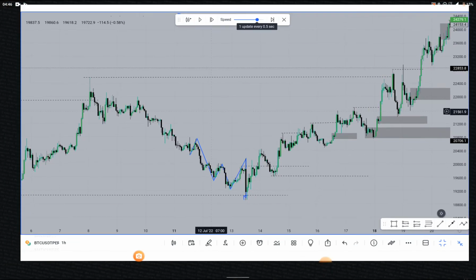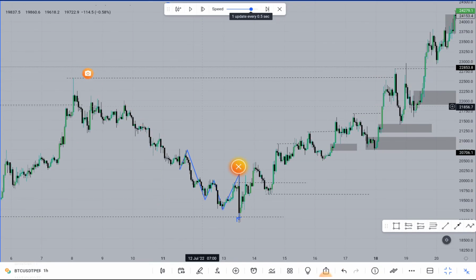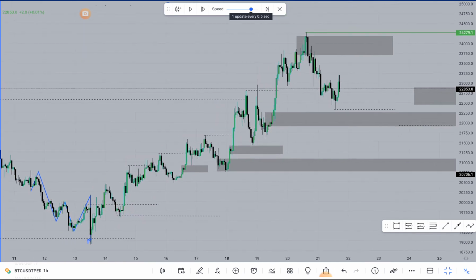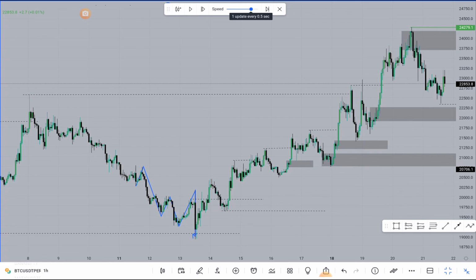The resistance here. And that's a very simple strategy: use support and resistance to make your profits. Thank you very much.